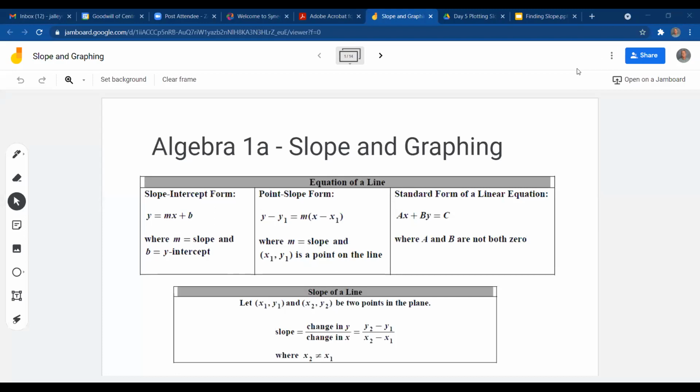There's 4 or 5 different ways that we need to know how to find the slope. And so that's where we're going to start today. And then we will go into some actual graphing in the different formats.